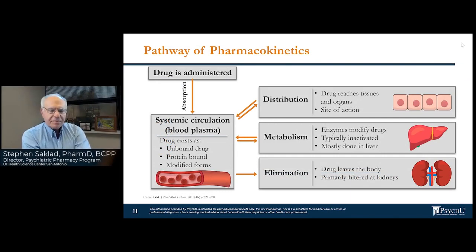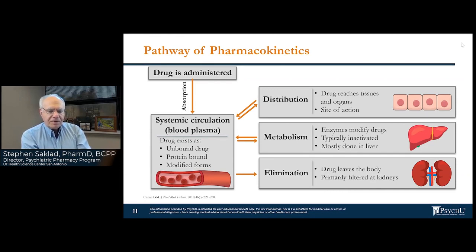So let's take a little bit deeper look here, and we'll start at the upper left where the drug is administered and then absorbed into the systemic circulation. This is usually the blood plasma, but it really includes all of the other blood components. So when it goes into your blood, sometimes called the central compartment, the drug will exist as the unbound or free drug, the protein-bound drug, and depending on the chemistry of the drug, it'll bind to different proteins in your plasma.